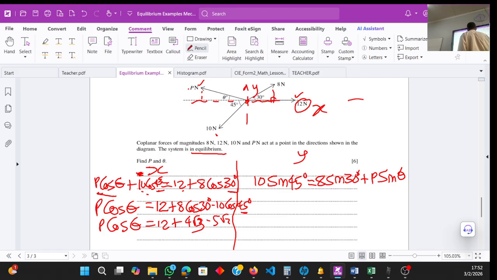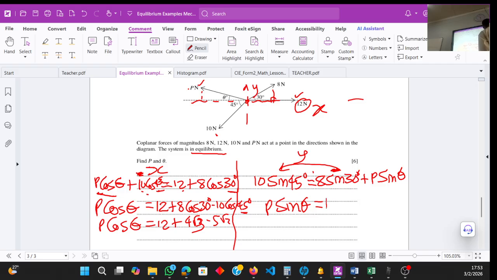2. Then with the first equation in terms of X, we are moving to the right hand side. Well, on the right hand side, we are being forced to transpose this to the other side so that we have P sine theta as subject of the formula. But I'm going to replace on the equal sign because I want the unknowns to be on the same side of the equation. So when I do so, I'll start with P sine theta being equal to, because I'm going to transpose 8 here.